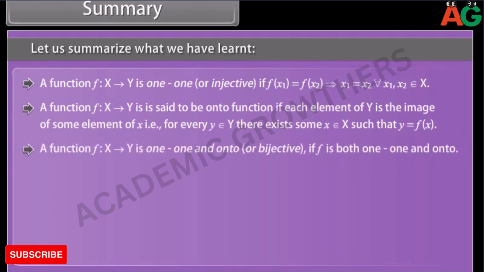A function f from X to Y is one-one and onto or bijective if f is both one-one and onto.